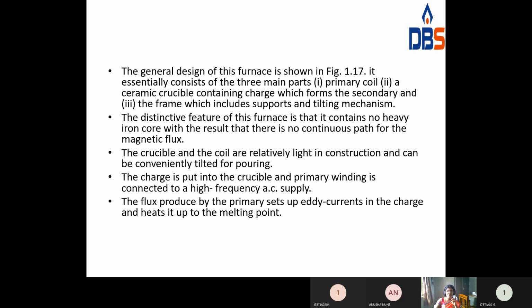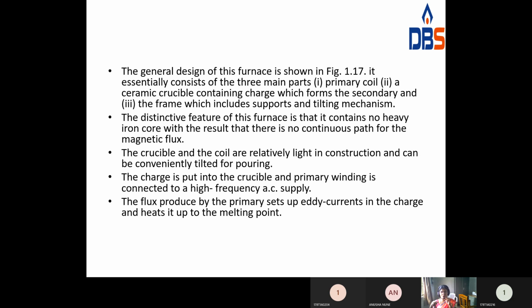The distinctive feature of this furnace is that it contains no heavy iron core. In a core type induction furnace you must have the existence of a core, but here it is a coreless type induction furnace.